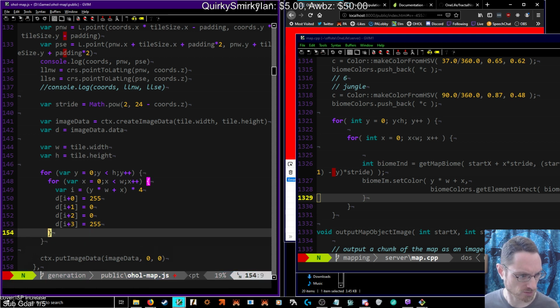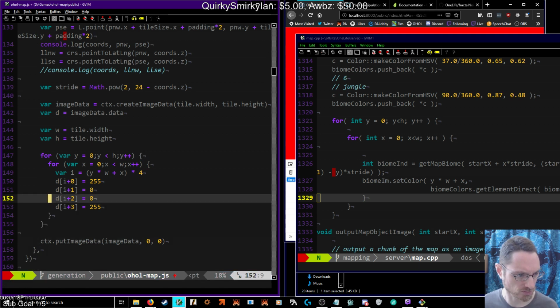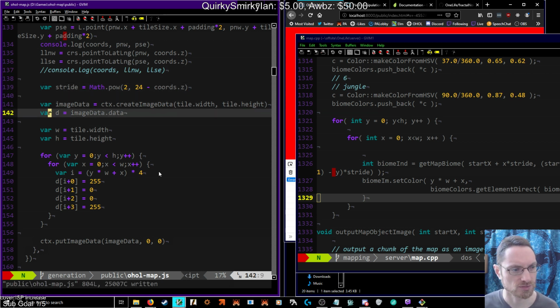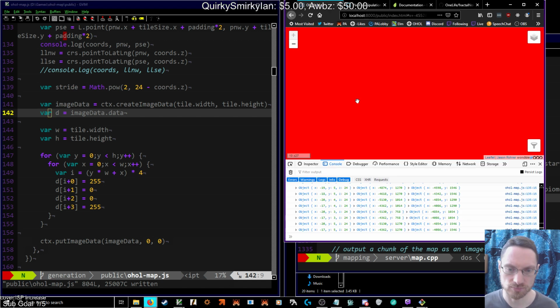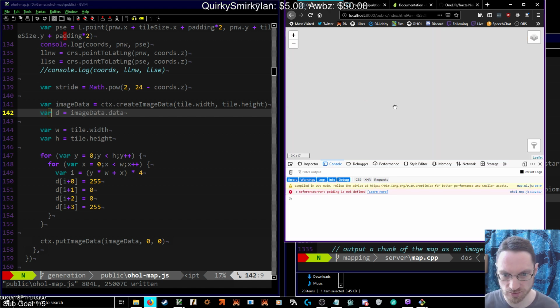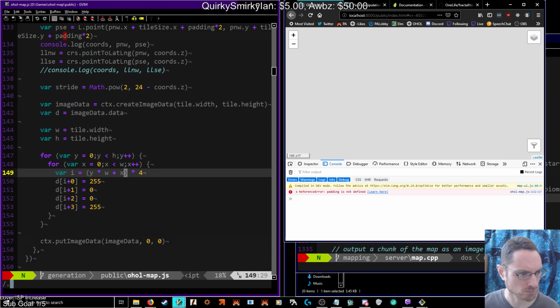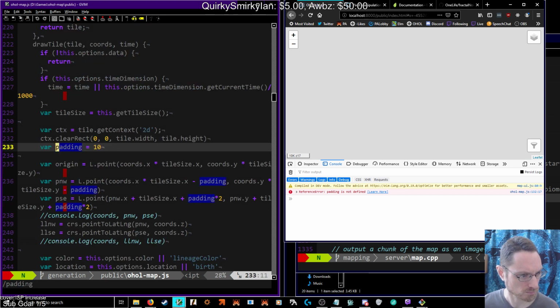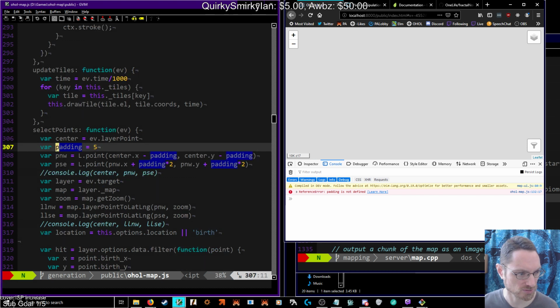All right, so first little sort of smoke test here. Does this fill our entire image? We haven't used stride yet, but that's to deal with. Nope, padding is not. Oh, right. I actually expanded my coordinates because I was using that for bounds.